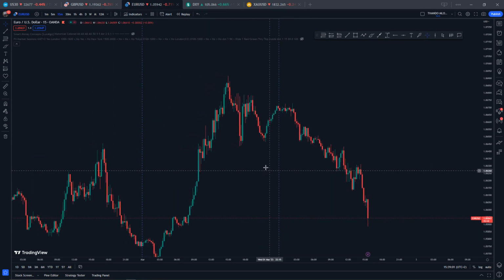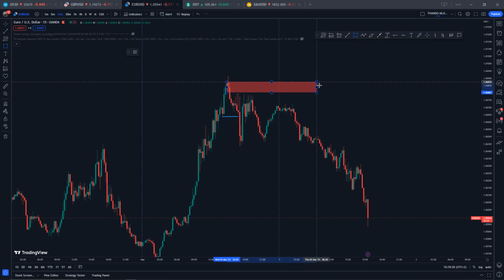The market was going up, going up, going up, and then it broke that last low here, making it a change of character. The next thing the market is going to do is come to the last bullish candle, where it didn't reach over there, but it came to the supply area over here.